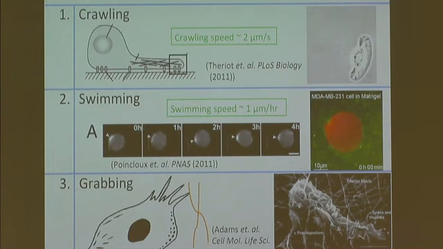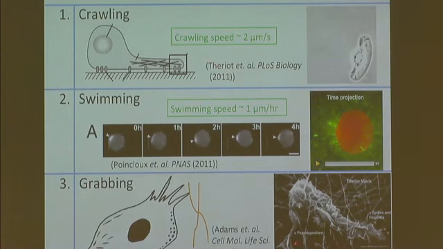The second type of cell motility I call cell swimming. This is a tumor cell inside a polymer, and it can swim. As you can see, the swimming speed is typically much slower than the crawling speed.